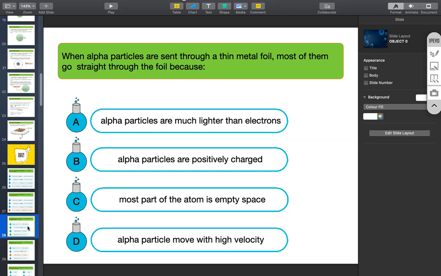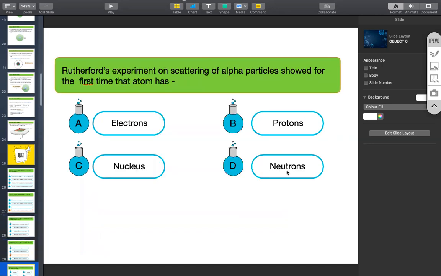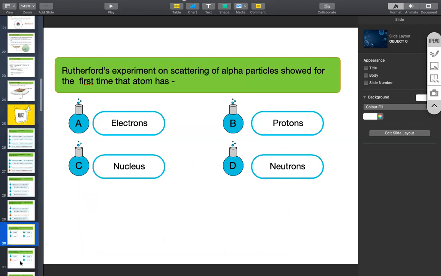Very good. All of you have given the right answer. C for cat. Next question. Very good, the answer is C. Very good, all of you. Good.